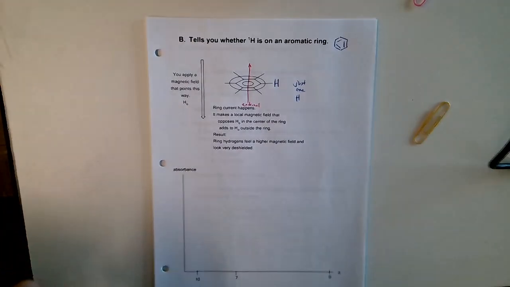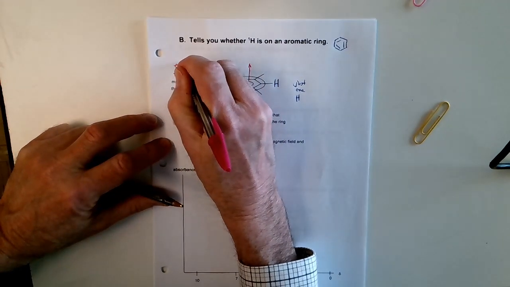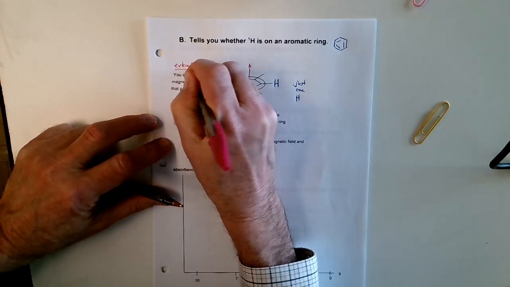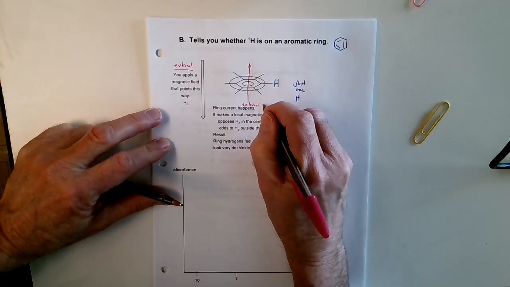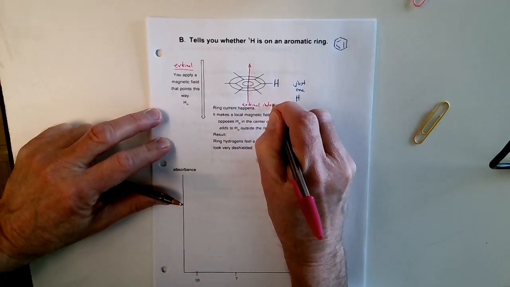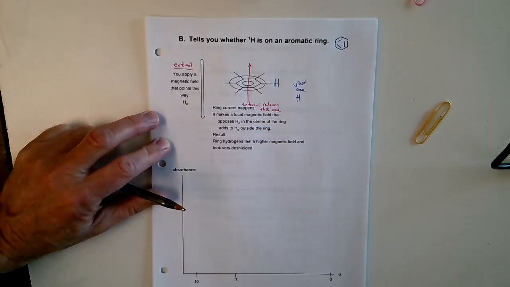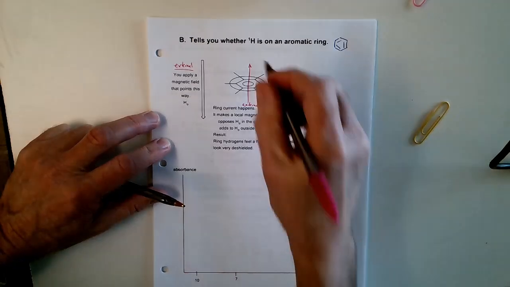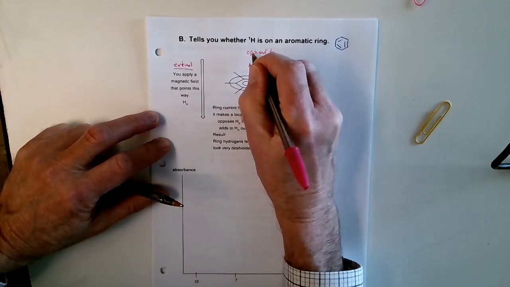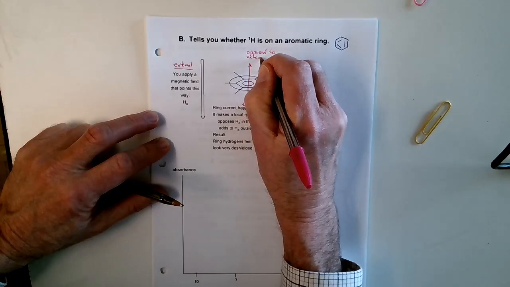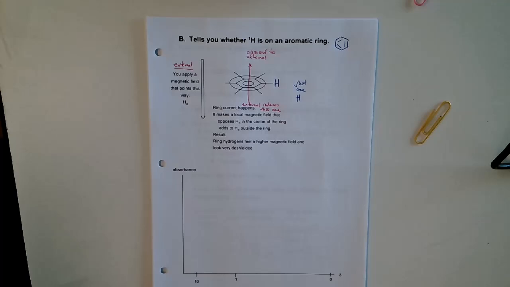You imagine that the magnetic field, so this one's external, goes in this way, and this one is what the external field induces. So in other words, it's opposed to the external field.